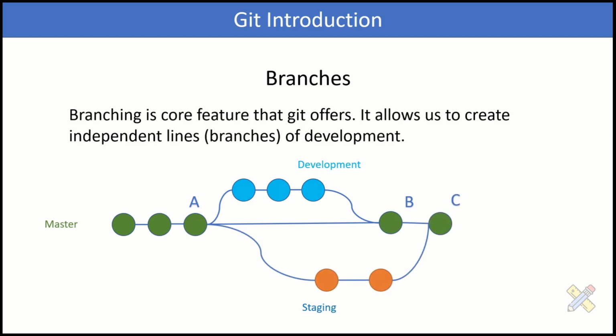Another developer then comes in with a task to implement another feature. He'll go ahead and create a new branch called staging, add 2 commits and merge his changes back to the master branch as commit C. Note that in order to merge to master, he must bring in all changes up to commit B to his branch, a process called rebase, which we'll discuss in upcoming videos, and then merge his stuff as commit C back to the master branch.